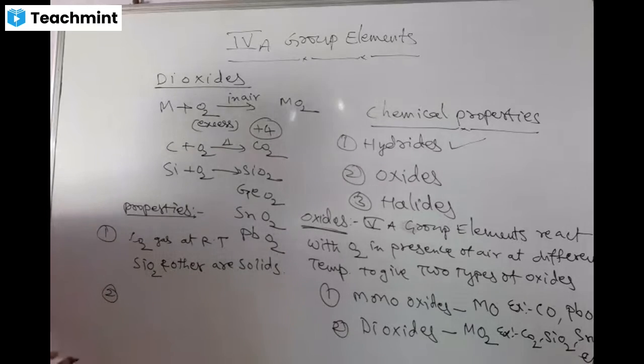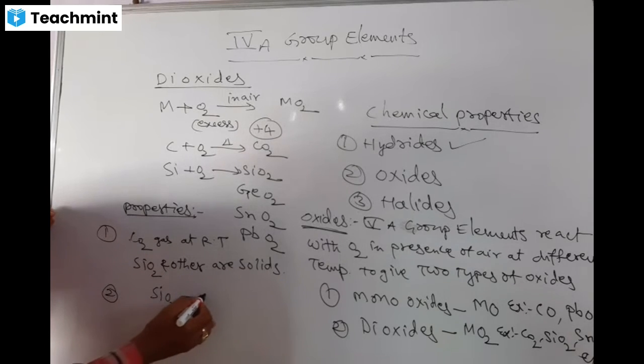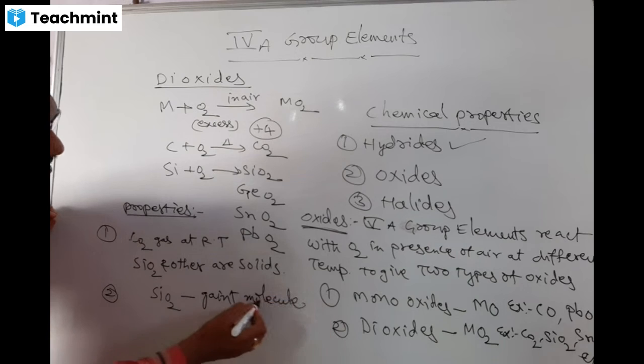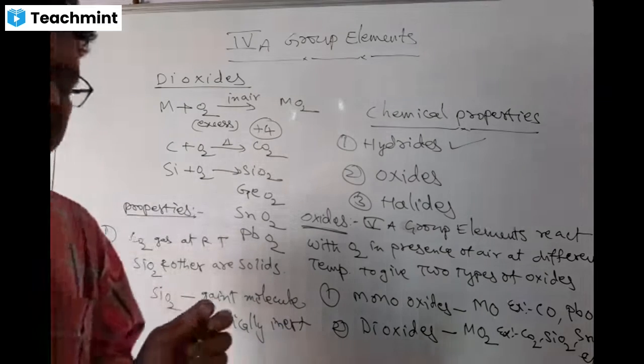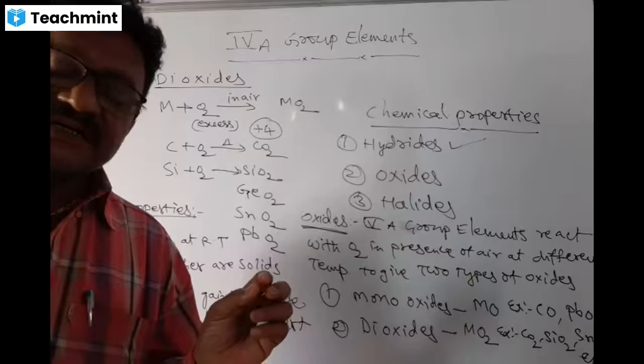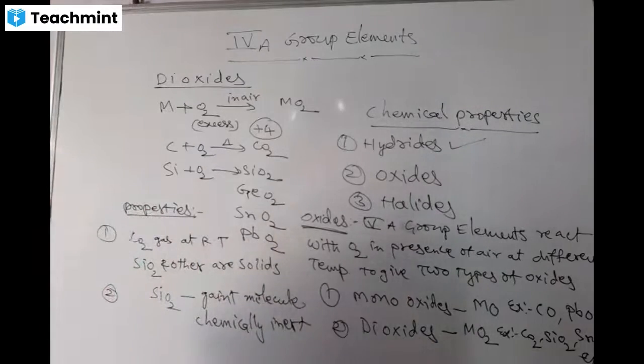Second, silicon dioxide is a solid, but it is a giant molecule, just like a polymer, and chemically inert. That means silicon dioxide is passive toward chemicals. That's why it is chemically inert.